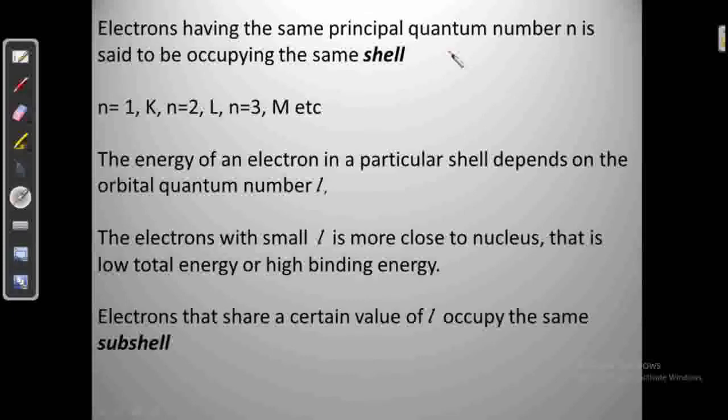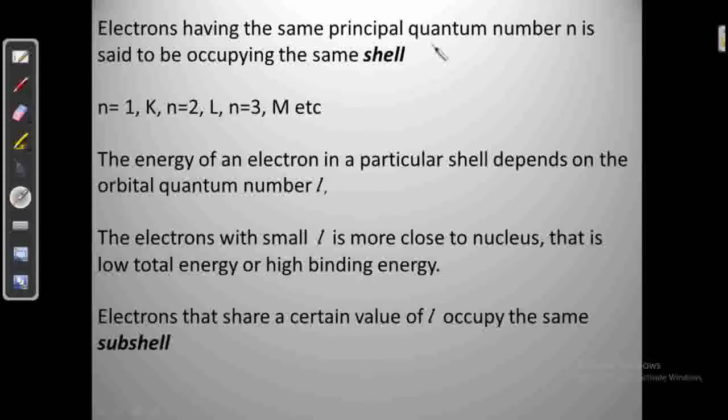So electrons having the same principal quantum number, that is, when small n equals 1, 2, 3, etc. Suppose the electrons are in the principal quantum number n equal to 1.